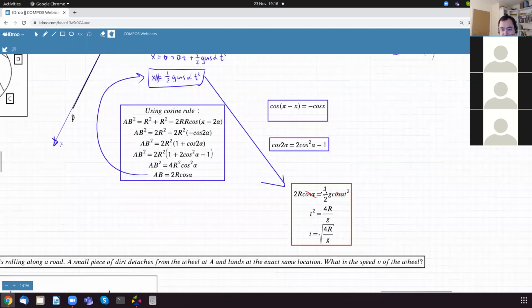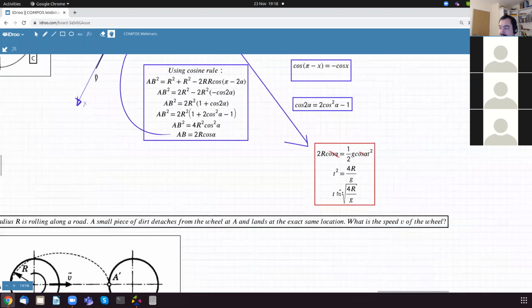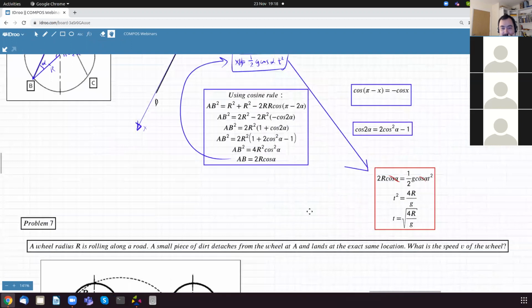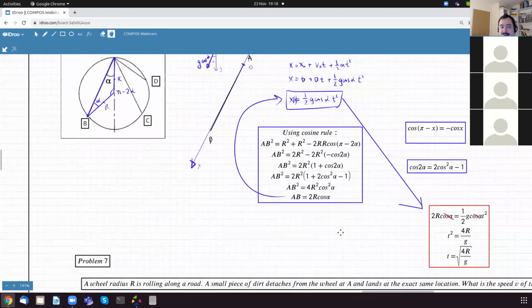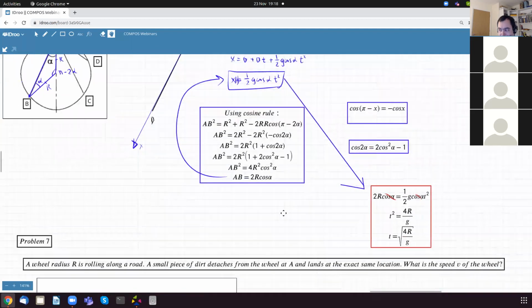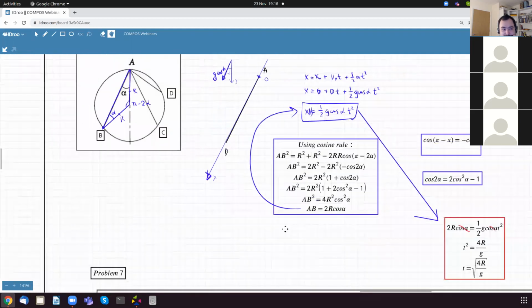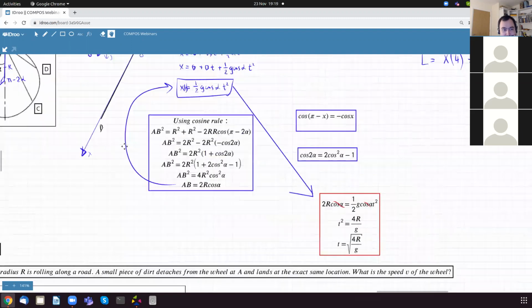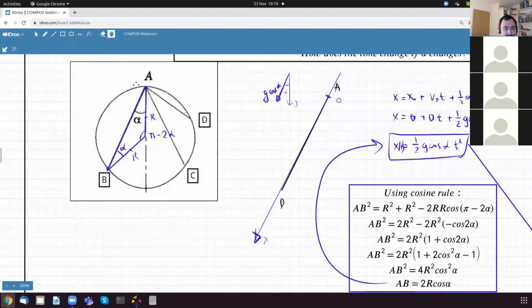Okay, we got this value, but what's the significance of that? Well, the significance is that no matter the alpha, the time is the same. Time does not depend on alpha. So if you had a hula hoop placed vertically and you had ramps all the way down, every ramp would take exactly the same time if there's no friction.